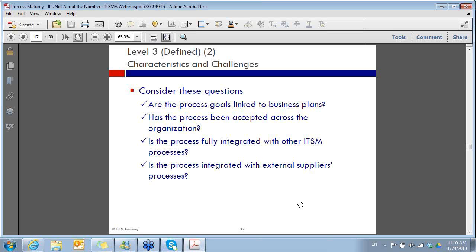So it might not even be your change management process. It might be your supplier, your cloud provider, and how are they doing with change management, or how are they doing with release and deployment management? Are they giving you a heads up when they're thinking about putting in place a new release that's now going to affect your entire customer community within your organization?